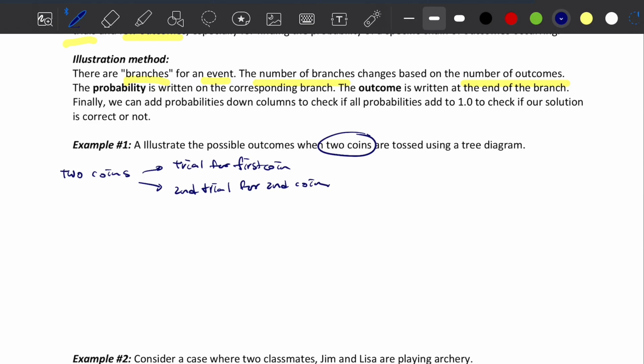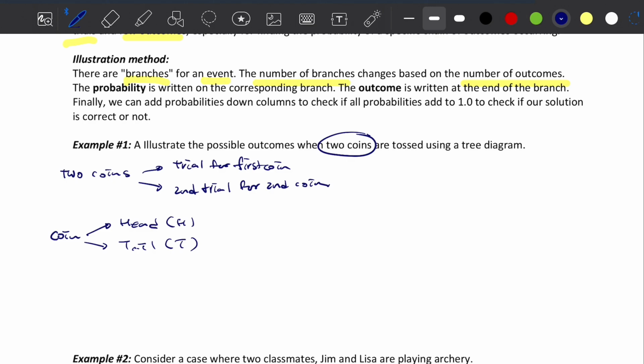Whenever we toss a coin, there's a chance of getting a head or a tail, so we're going to use H for head and T for tail.